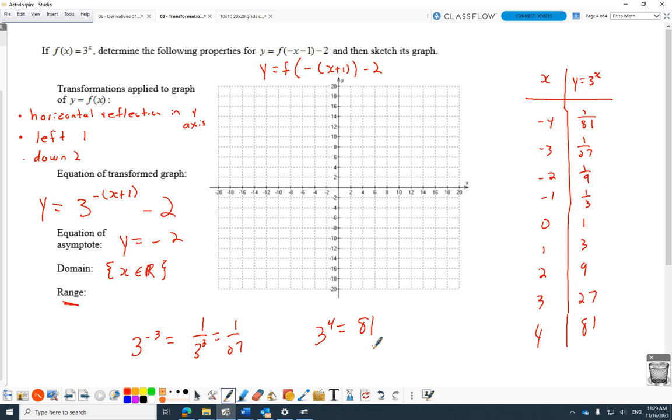What are my transformations? Horizontal reflection. Oh, left one. Left one? -1 then? Yes. Nice. And then down 2 for the other ones. 1, 0, -1, -2, -3, -4, -5.